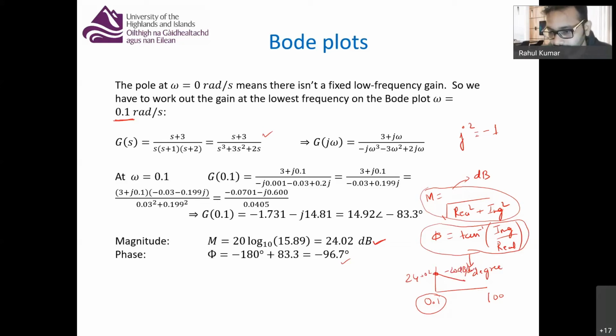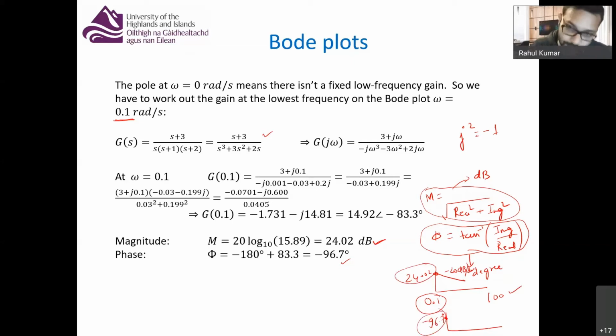And in the phase plot, my graph will start from minus 96.7 degrees. Okay, like that. So I know the range of frequency and the starting points, right?